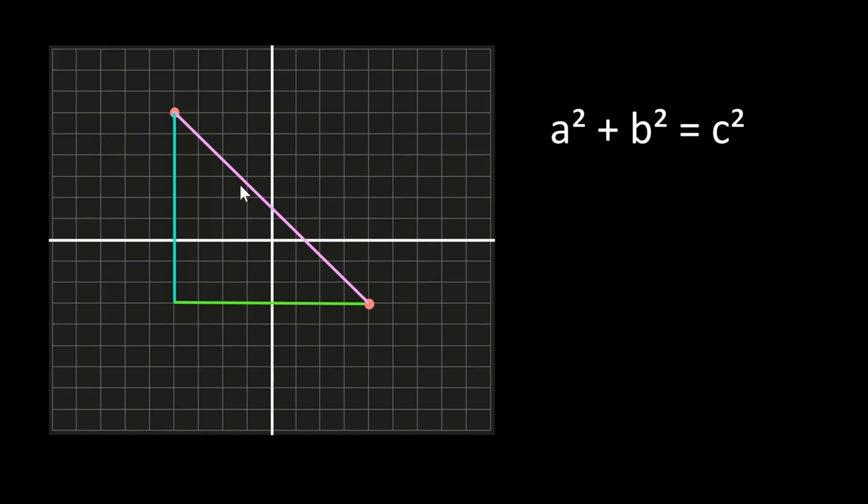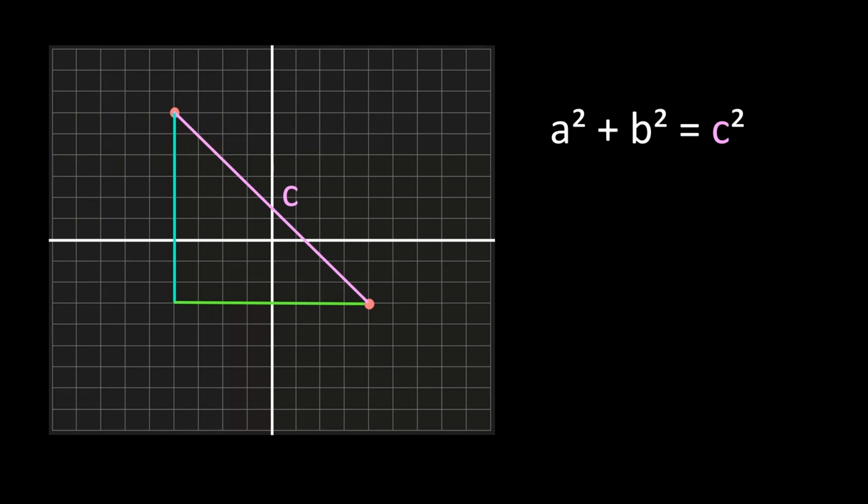And the distance between those 2 points is the distance or the length of this line. And we're going to label that line C because that line is across from the right angle. It's the longest side of this triangle, so it's the hypotenuse, so it must be labeled C.